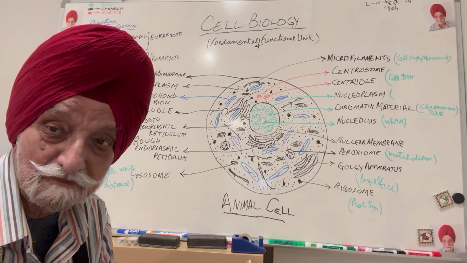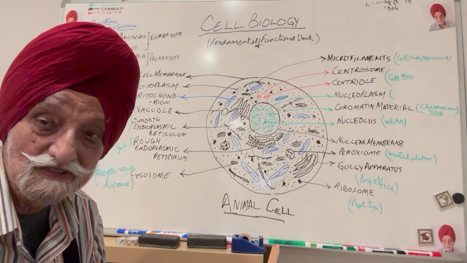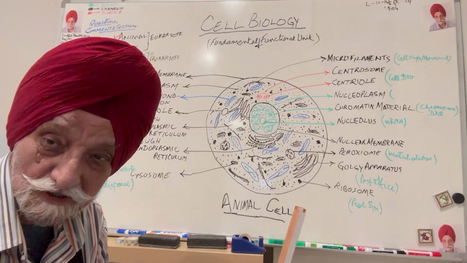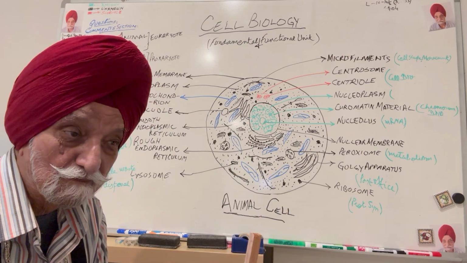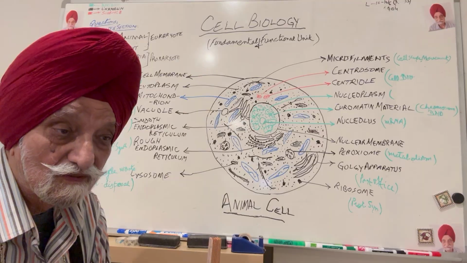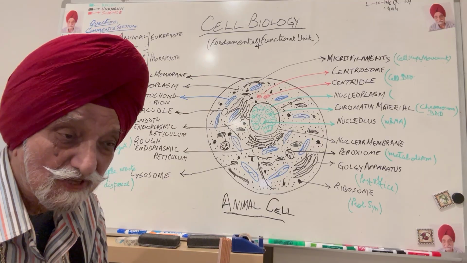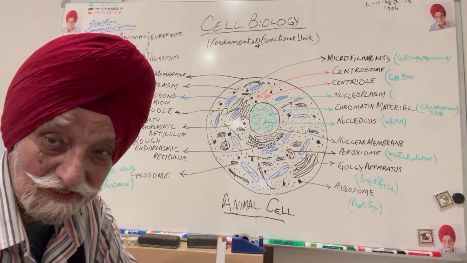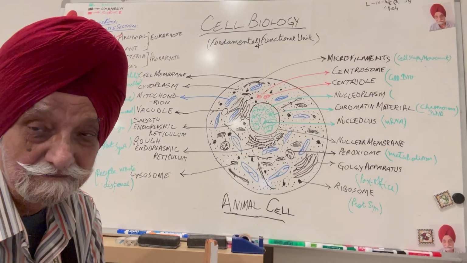The number of cells present in a human body is astonishing. You'll be shocked to know the number. The number of cells varies from 30 trillion to 40 trillion in one body.